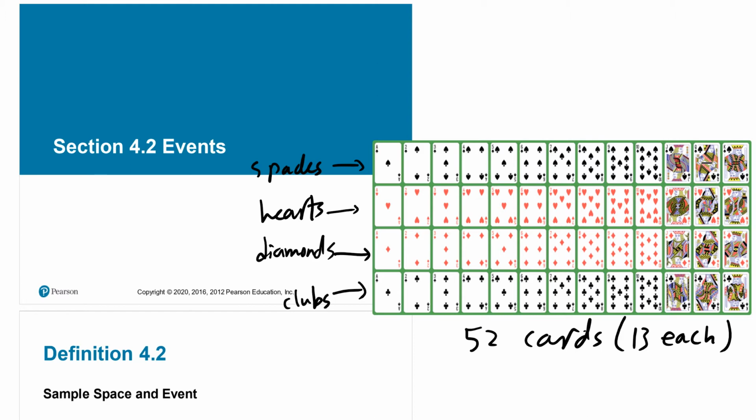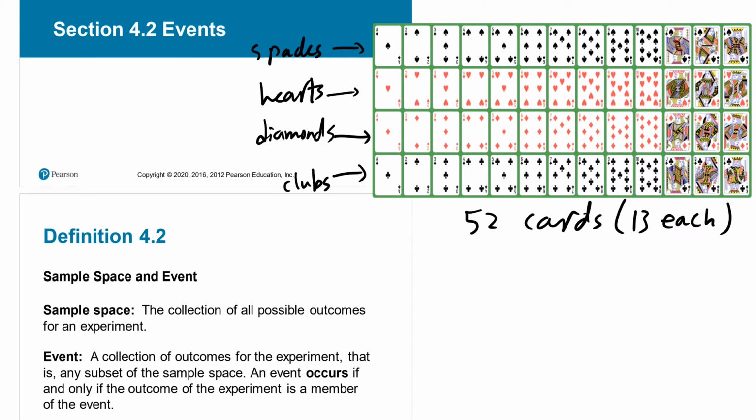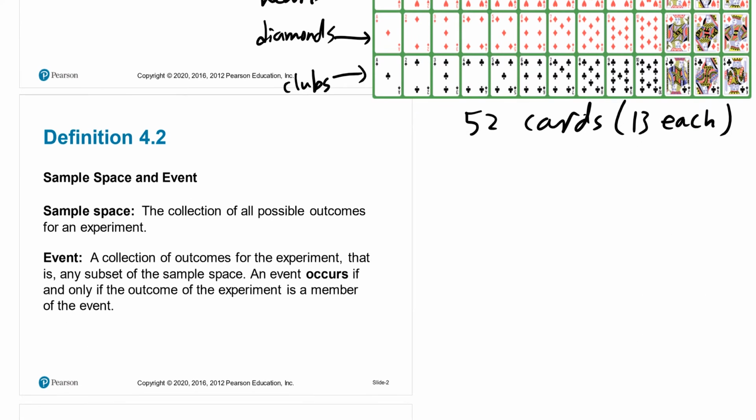Now when we work with more than one event at the same time, it helps to check how we can arrange and organize the events to make things easier to work with. So usually the first thing I want to start with is, let's call this the sample space. Some people call it the universal set.